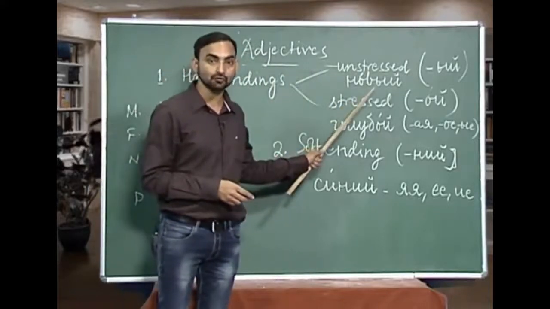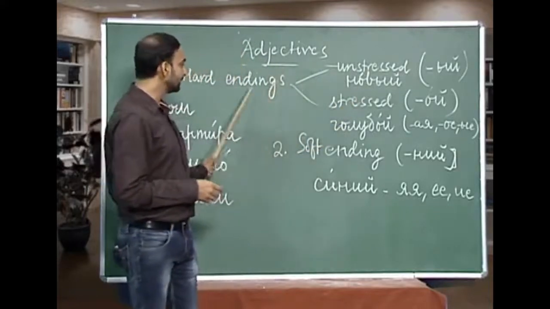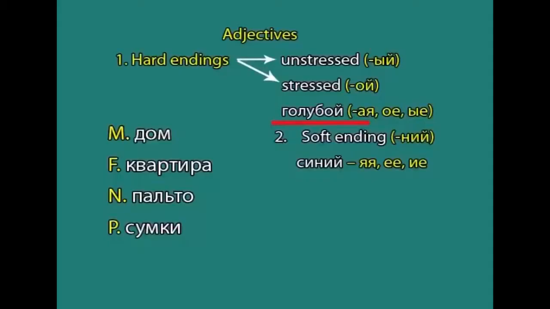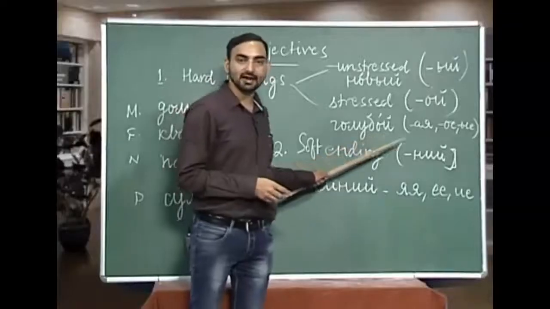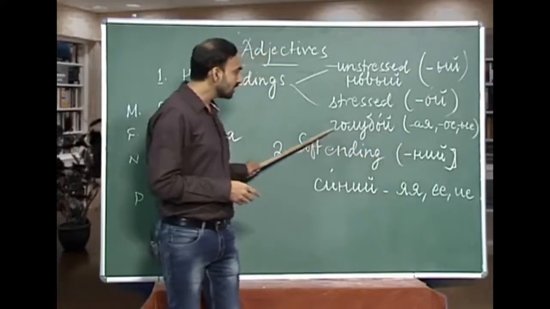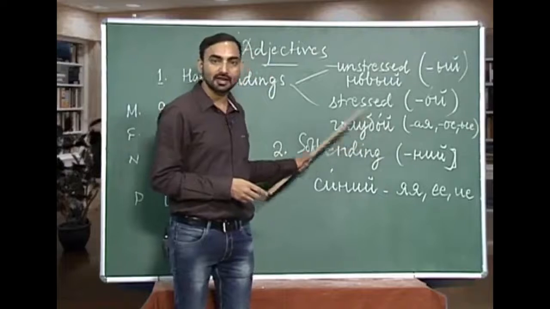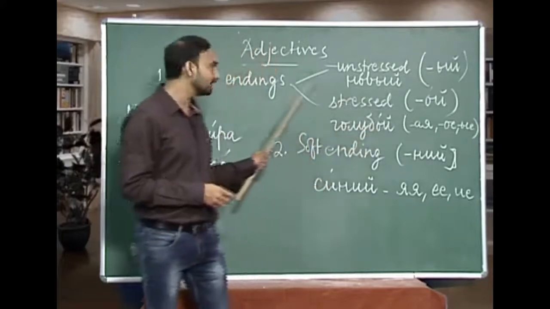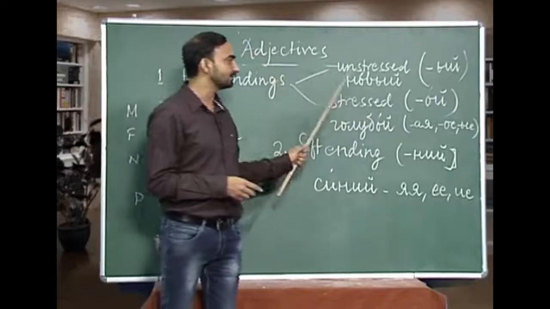Novi is new. The same way, the next adjective I have written here is galuboi. Galuboi, as you can see again, this oi is the ending and galub is the root, and the root ends with a hard consonant. That is why it is again a hard ending adjective.